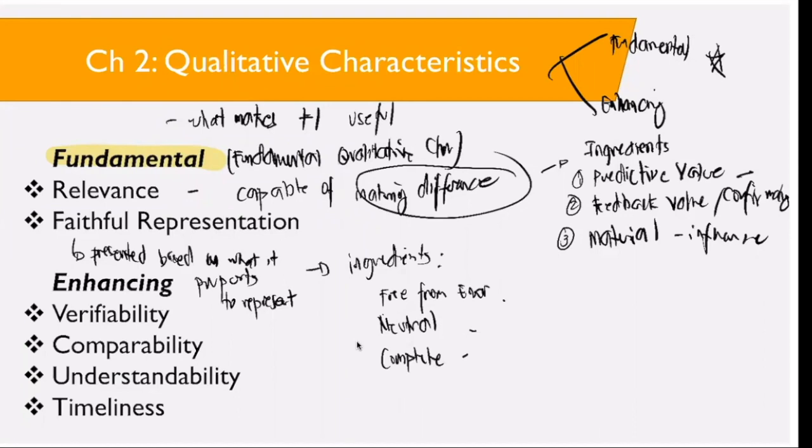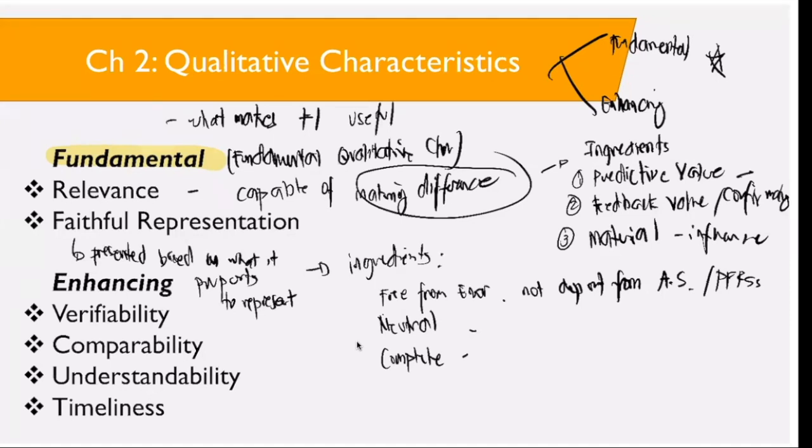When we say free from error, it does not mean zero error. It must not depart from your accounting standards or your PFRSs. Okay, so whatever your standards tell you on measuring or recognizing that particular item or event, you must apply it. Free from error does not mean zero error. It means that you must adhere to your accounting standards.